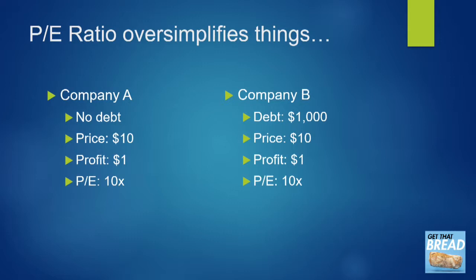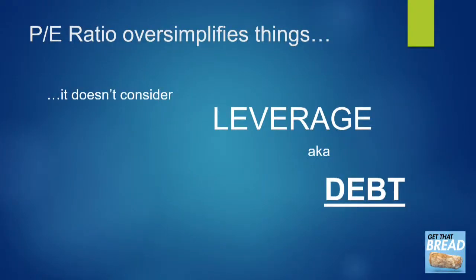You have two companies trading at the same PE multiple, but the risk characteristics of both companies are dramatically different because company B has $1,000 in debt. Now, the PE multiple doesn't consider this kind of dynamic. And so, like I said, it's going to oversimplify some of the realities between alternative investment opportunities.